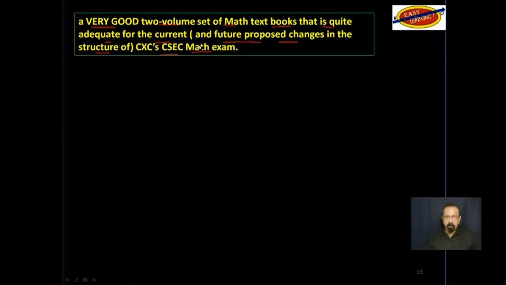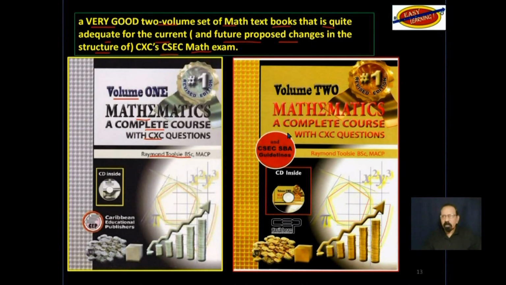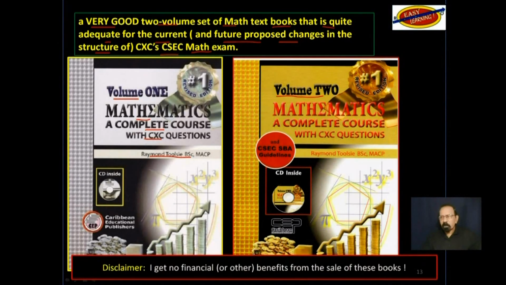Remember, I said the syllabus remains the same. This is a picture of Volume 1, Mathematics, a Complete Course, with CXC questions by Raymond Tulsi. And this here is a picture of Volume 2. Please note this disclaimer down here. I get no financial or other benefits from the sale of these books.